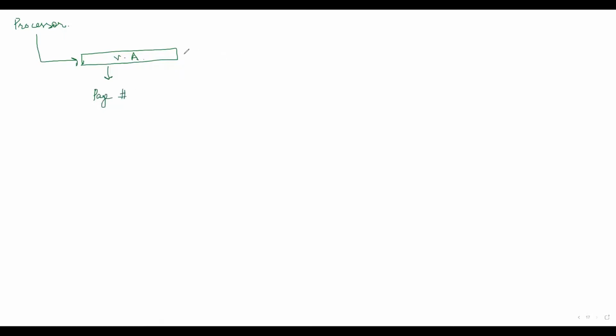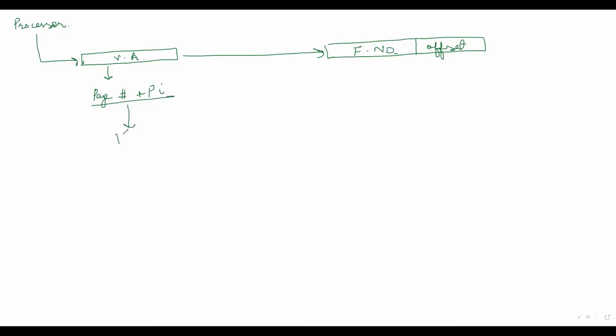Basically, our aim is that from the virtual address, we should generate the physical address. The physical address has offset and frame number. So we take this page number plus process ID, and we calculate the hash. We can use any hash function.